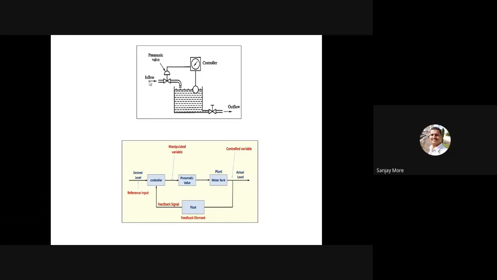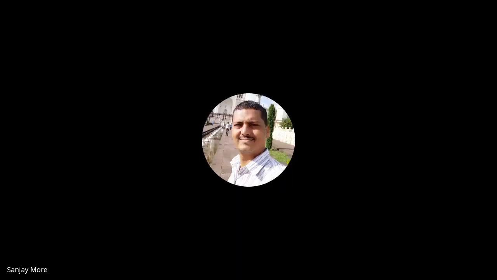So this diagram is displayed with the help of a block diagram.